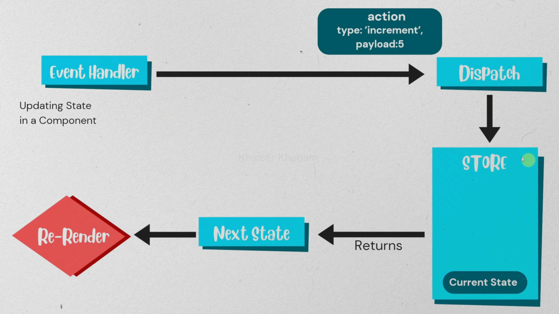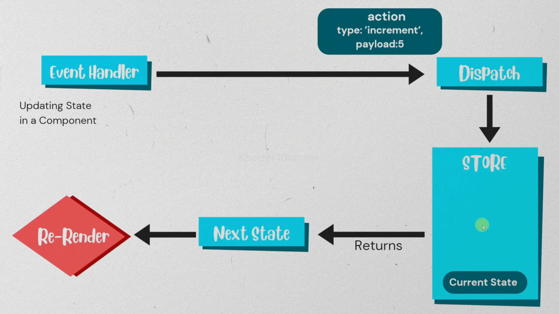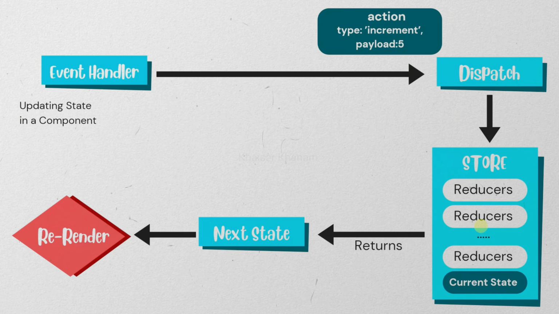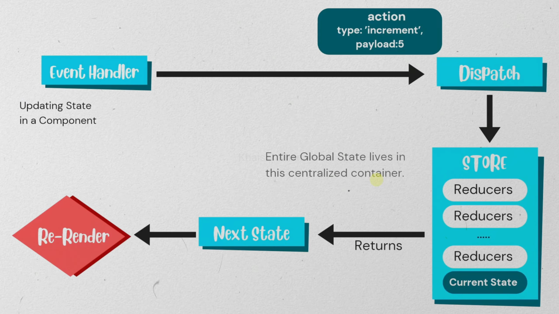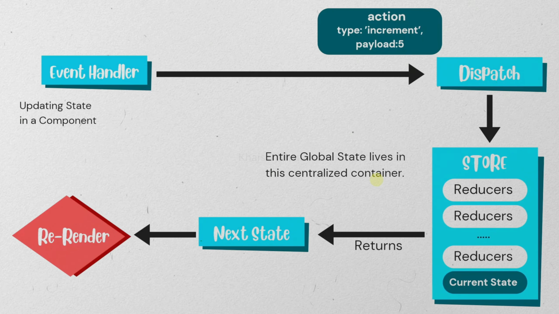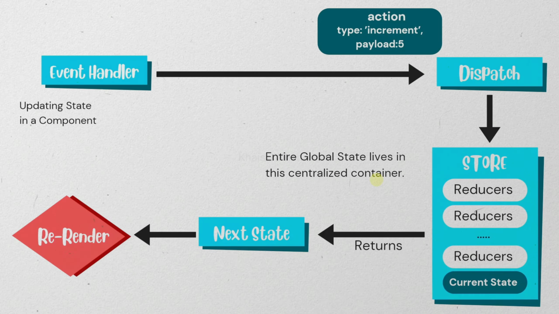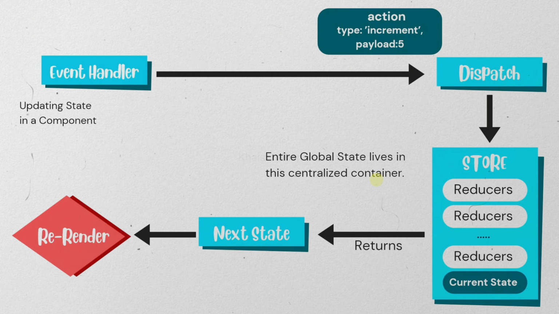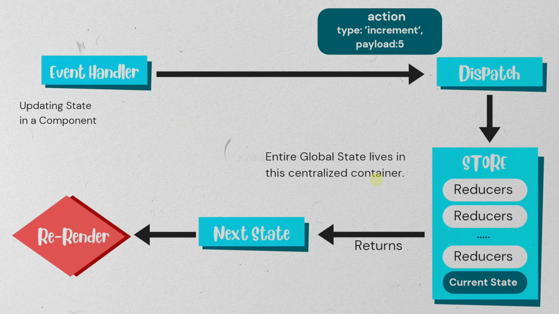Instead of a reducer, here we have this store. And inside this store, we are going to have multiple reducers. This store is nothing but a centralized container where the entire global state lives. It is like a single source of truth for all the global state across the entire application.